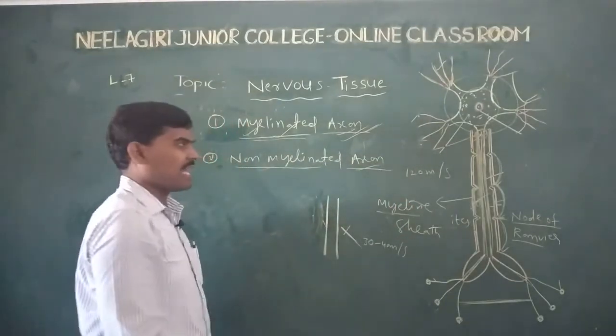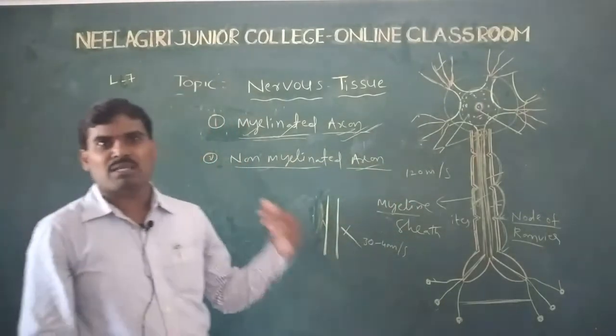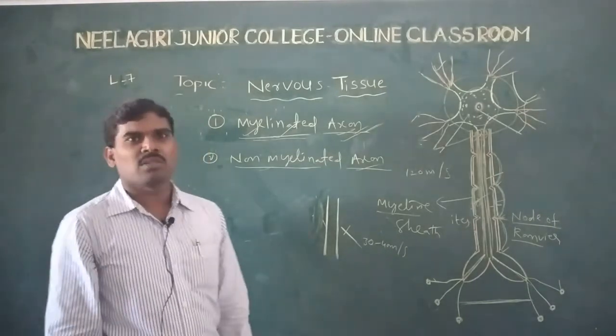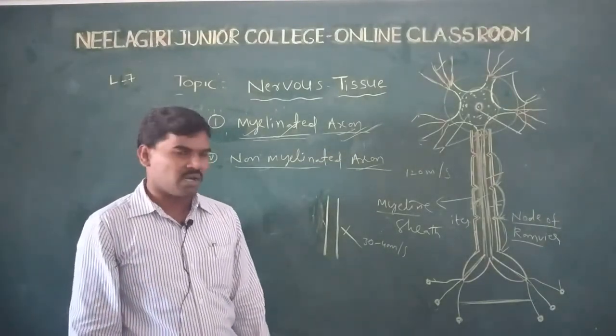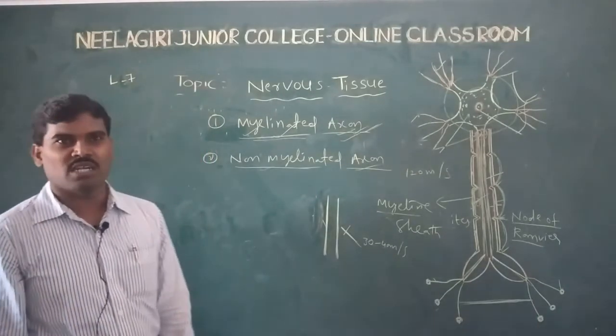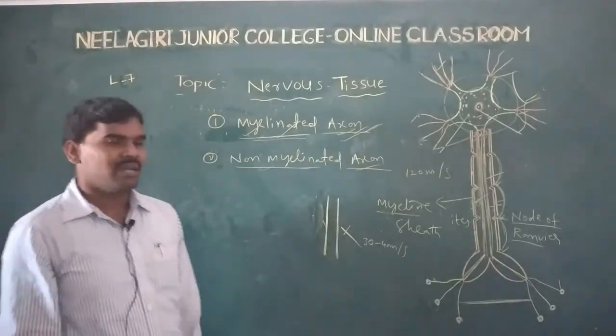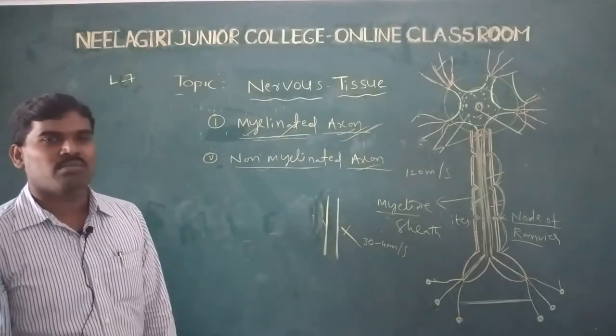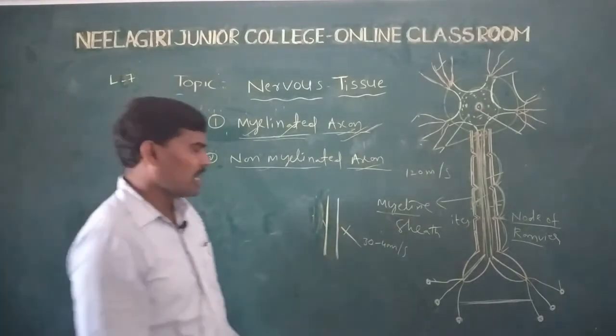Non-myelinated neurons are found in some invertebrate animals.